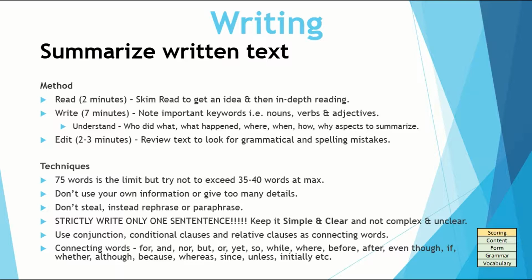What is the noun doing? So make a note of the verbs. Is he playing? Is he walking? And adjectives. Is he a tall person, short person? Just what describes the noun. You will have to understand who did what, what exactly happened, where, when, how. So what I'm trying to tell you here is, once you read the text, you will understand what the keywords are and what you should cover.